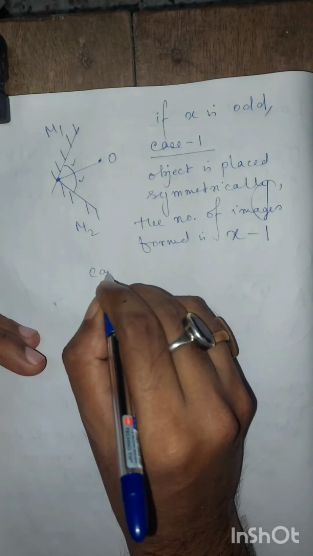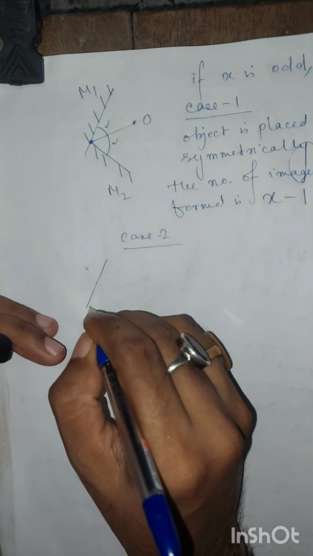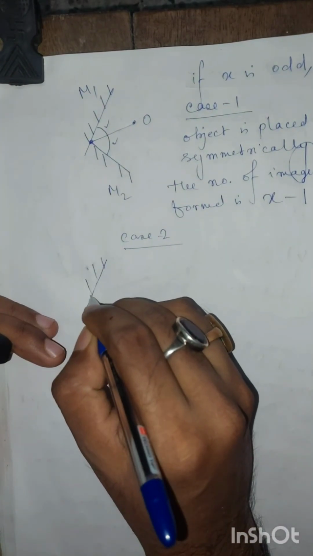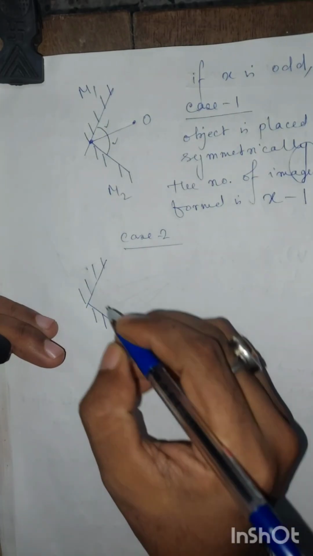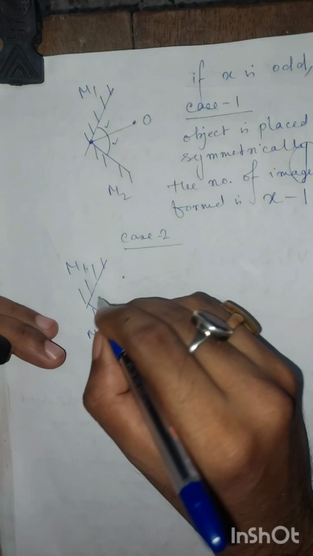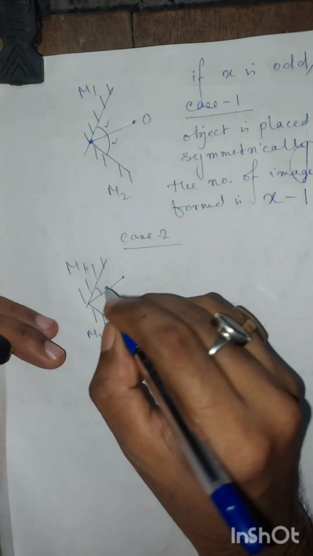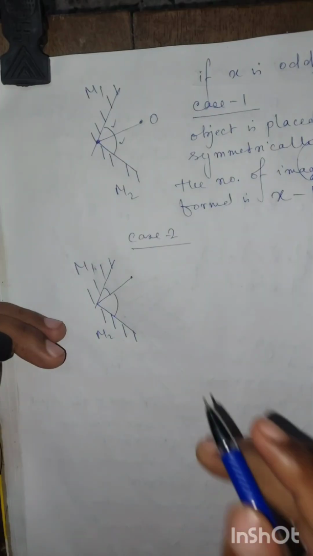Case 2, the object now is placed asymmetrically. That means this angle is not equal to this angle. These two parts are not equal.